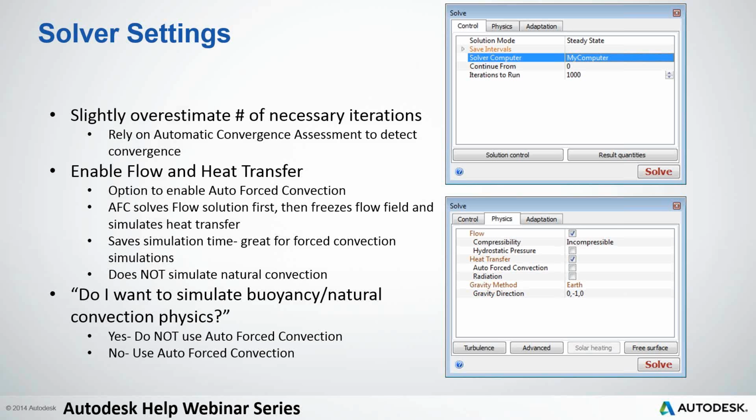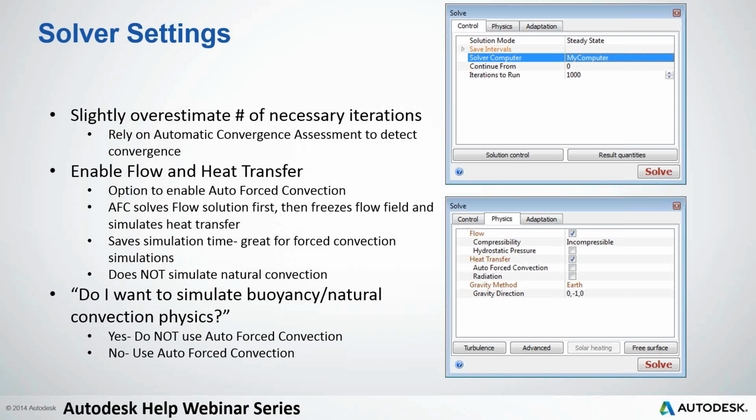The next question that I get most often is, should I use auto forced convection? Auto forced convection is basically a tool for saving resources. If you enable it, it will have heat transfer disabled in the solver, and it'll solve the entire flow solution until it converges.